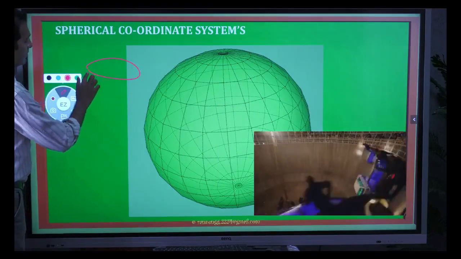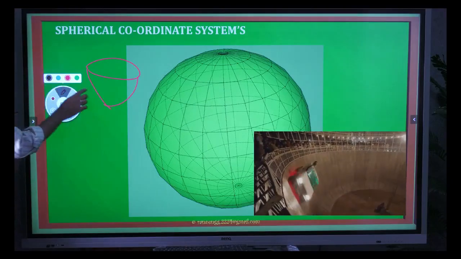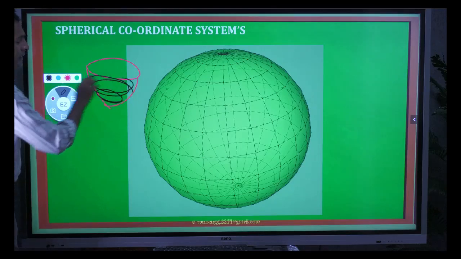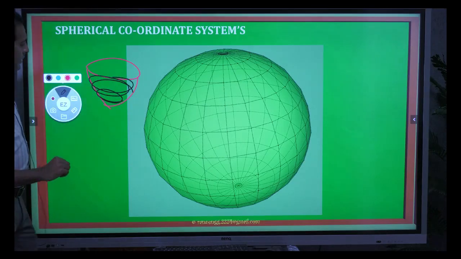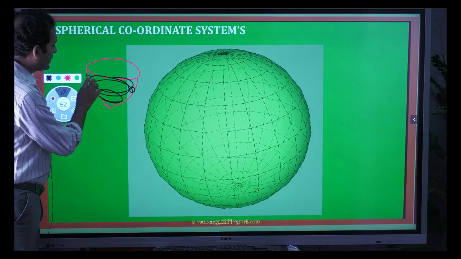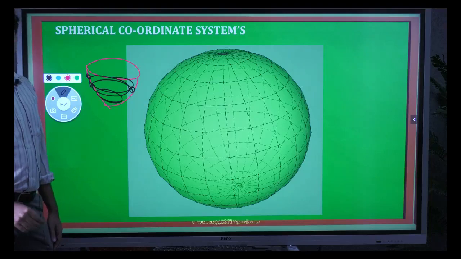There will be a well, and inside the well the biker will start and keep rotating inside the sphere. It is something like that. We have to find out the position of this biker. You can imagine it in that sense.